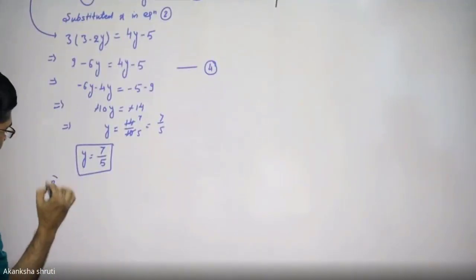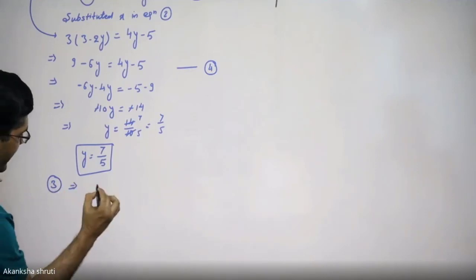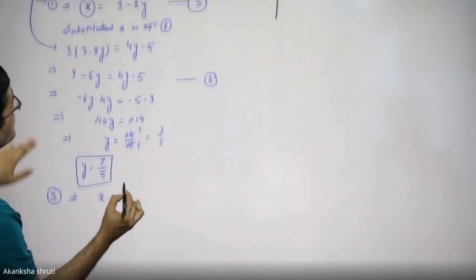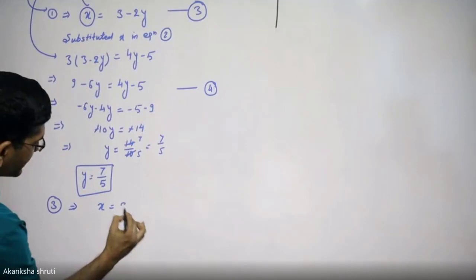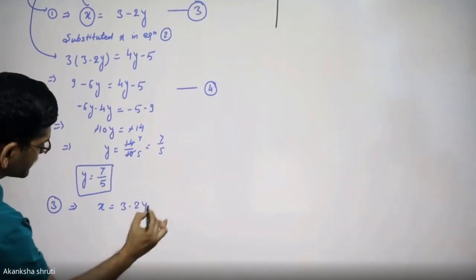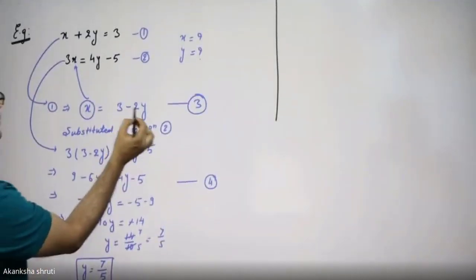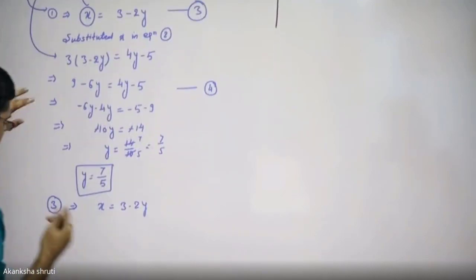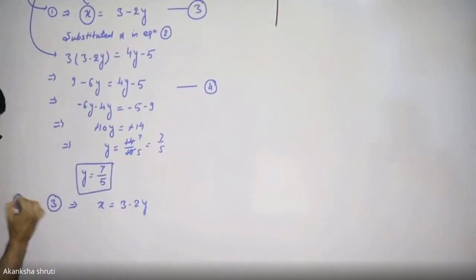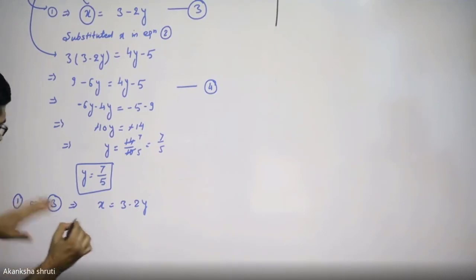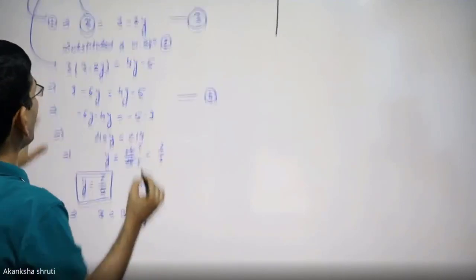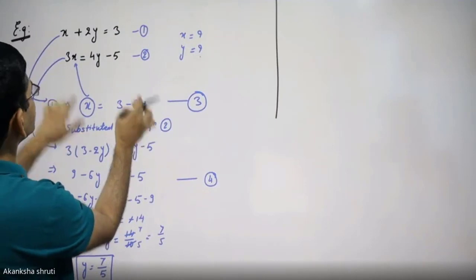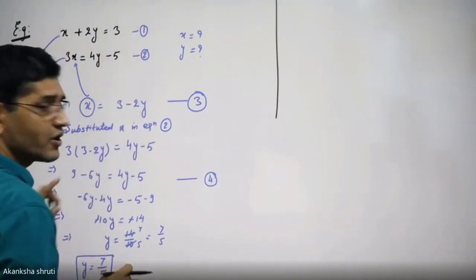Then using equation 3, we are getting that x is equals to 3 minus 2y. So student, this equation 3 is nothing but the same as equation 1. So you are writing equation 1 or equation 3, both mean the same thing, because equation 3 is nothing but the rearranged form of equation 1 only.